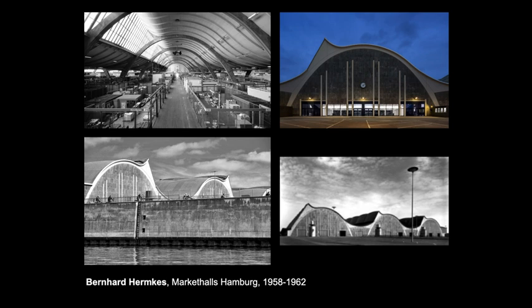successful during the Second World War to design factory buildings, and so it was very important, I think, for Bernhard Hermkes to work together with Ulrich Finsterwalder on this construction, which is not a prefabricated hall. It's only built on the site.